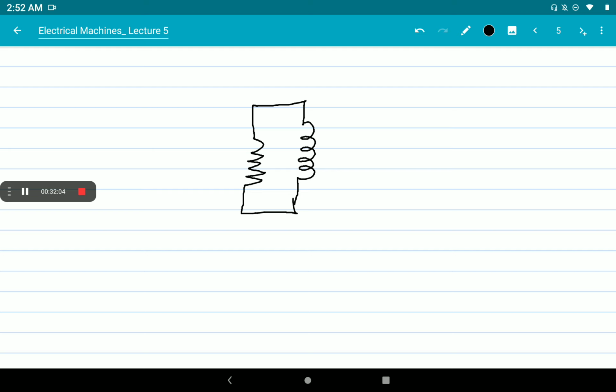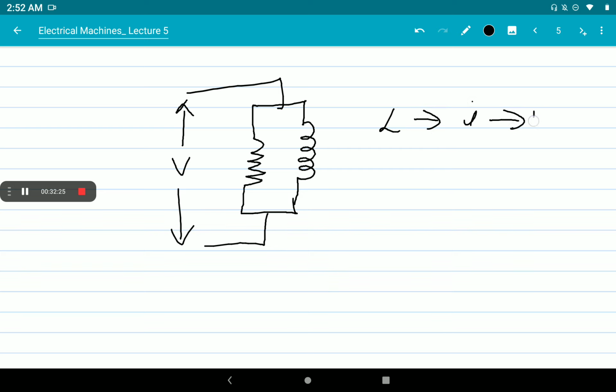Why are we connecting it in parallel? Because both of these quantities depend upon the voltage applied. Hysteresis and eddy current losses are proportional to that voltage, and our inductive property, the inductance, also has an effect of voltage, since due to this inductance current lags behind the voltage.